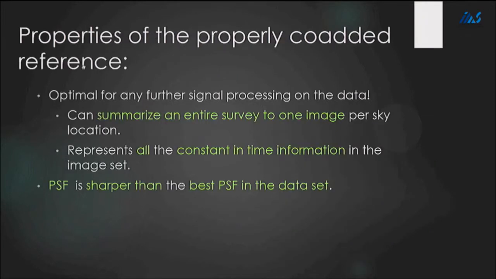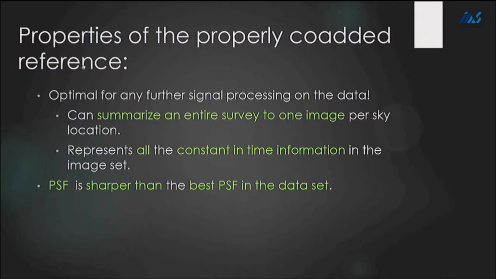And again, you can show that this thing is optimal for any further signal processing. Actually, it's optimal not only as a reference for image subtraction, it's optimal as a coaddition method. It's optimal for testing galaxy shapes or whatnot you want to test on the image. Actually, it's optimal no matter what you want to test on the images.